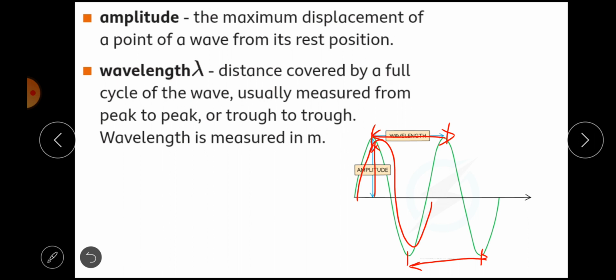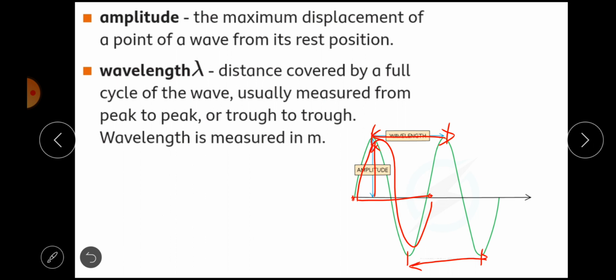Wavelength means the length of a wave, so the wavelength drawn from peak to peak or trough to trough is the same as measuring from where the wave starts to where it ends.